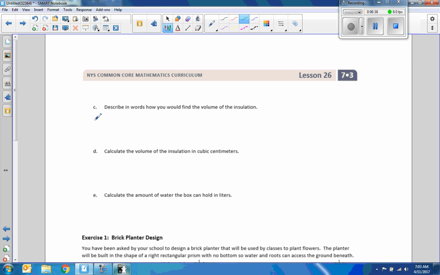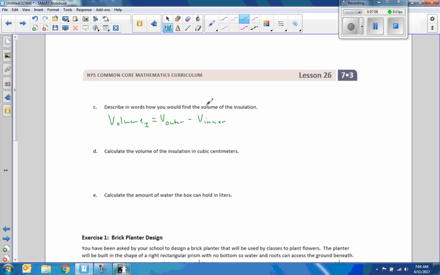So I found the volume of the outer box, I found the volume of the inner prism, and then the next thing is going to say, describe in words how you would define the volume of the insulation. Volume of the insulation equals volume of the outer minus the volume of the inner. Well, there's a misprint.